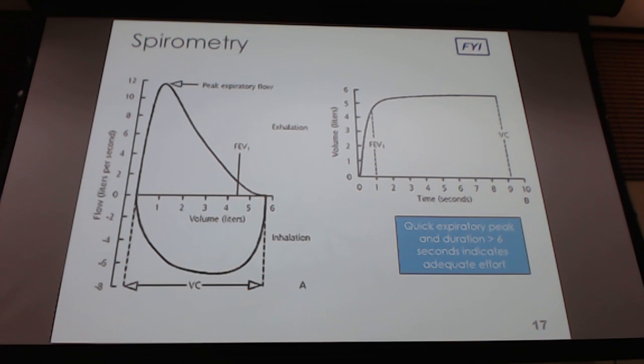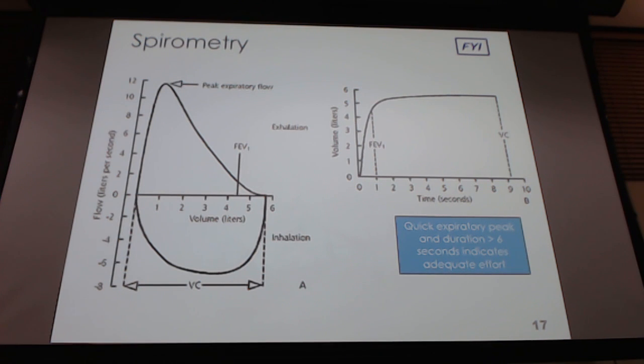So this is normal, peaks and then tapers off. We will talk about what happens when we have problems with the flow, which translates into obstruction, and how that affects the flow loop curve. And this is just a different way of looking at it.